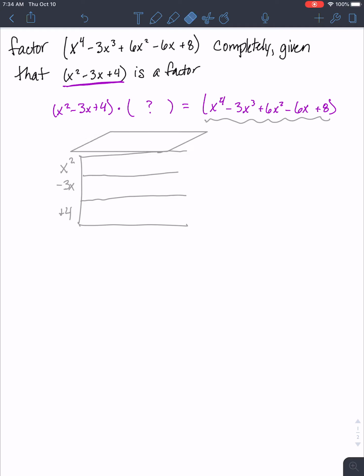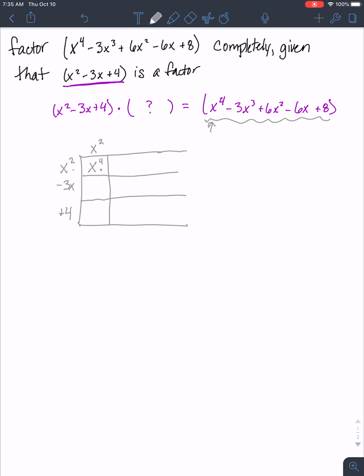So, in order to do that, we're going to start with our first term of our polynomial, our largest term. We're going to take care of that one first. So I want to put my x to the fourth term in the box right here. Since this has to be x to the fourth inside of this box, and we have an x squared outside, that means up above I also needed to have an x squared so that those two terms would multiply together to get me that x to the fourth.